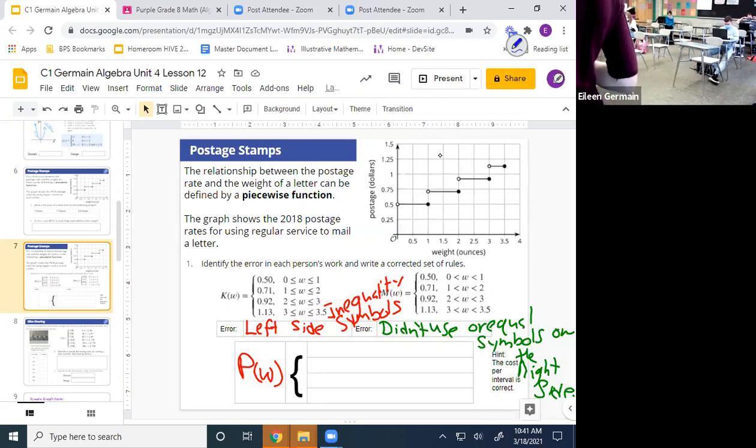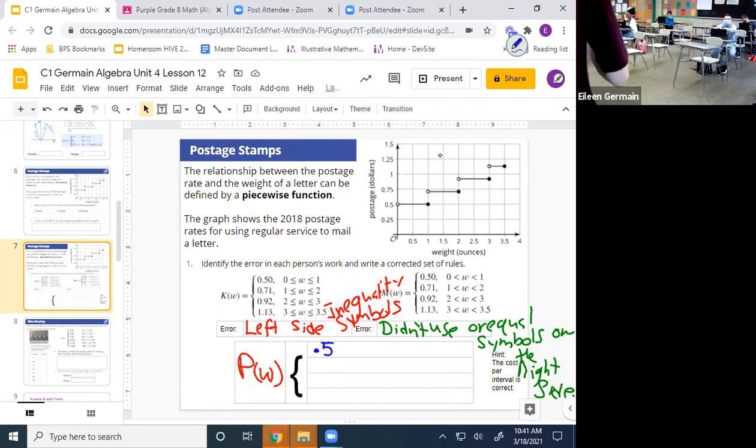Okay. So let's see what people are thinking for this first one here. The first thing we need to write in the first part of this box is the equation, or in this case, the value that it's equal to, like the y is equal to. What's it going to be equal to for the first interval here? Max. 0.5.